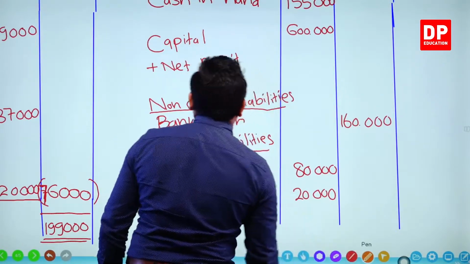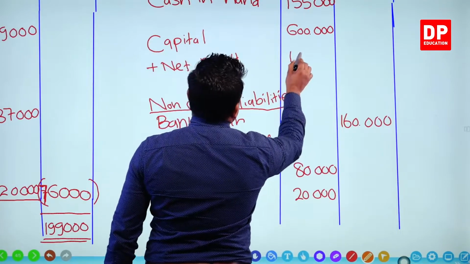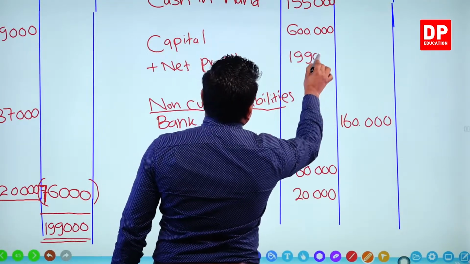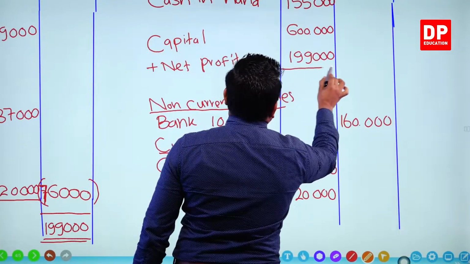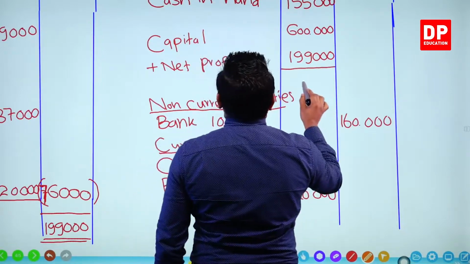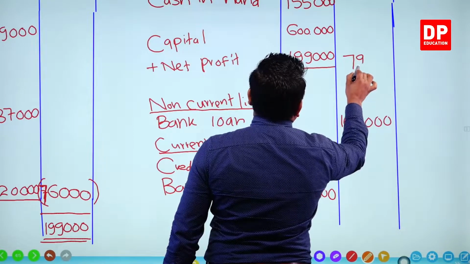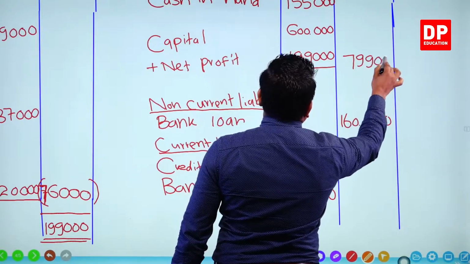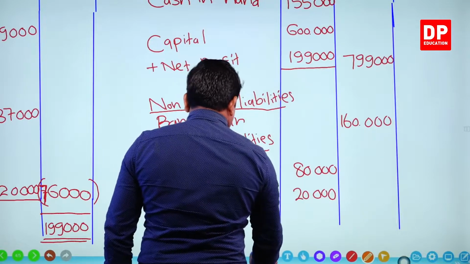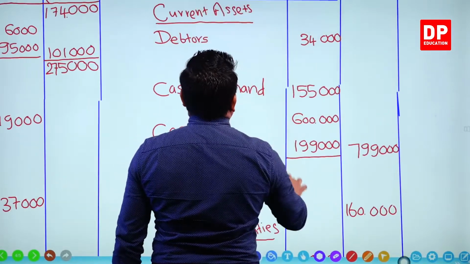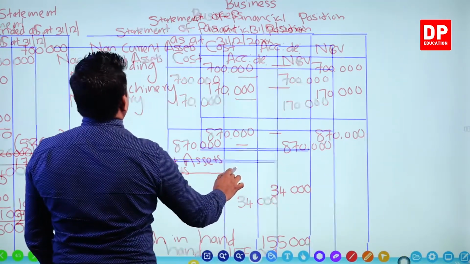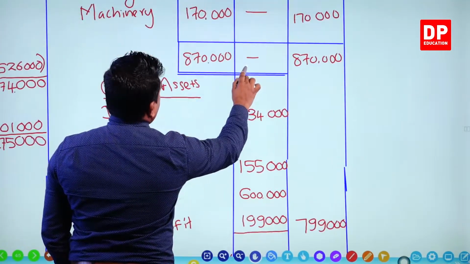Here you can write 199,000. Then you bring it here, 799,000.